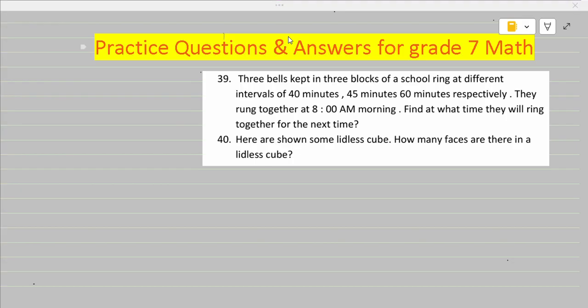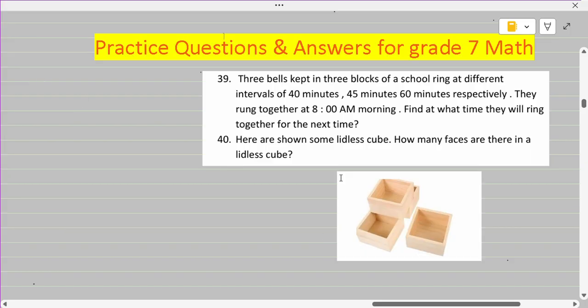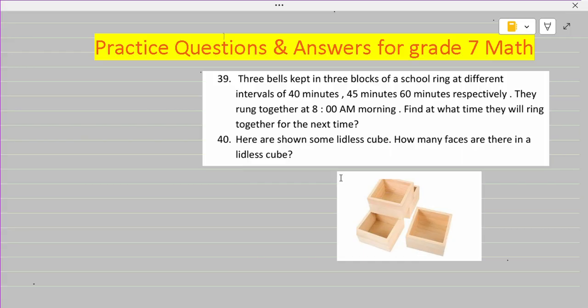I missed copying the diagram. So what is given? Some leadless cubes. How many faces are there in each leadless cube? You have to see.